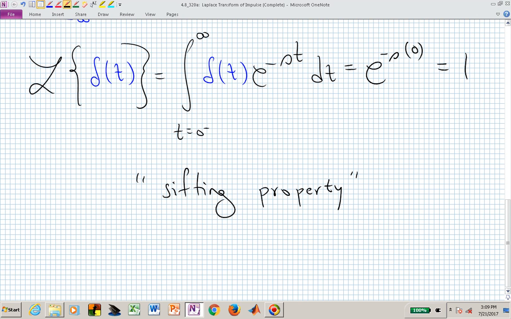In this case the argument of that impulse is t, so the only time that impulse is active is at t equals 0. We evaluate the f of t at that time instant, and that now gives us e to the 0, which is equal to 1. And that is the Laplace transform of an impulse.